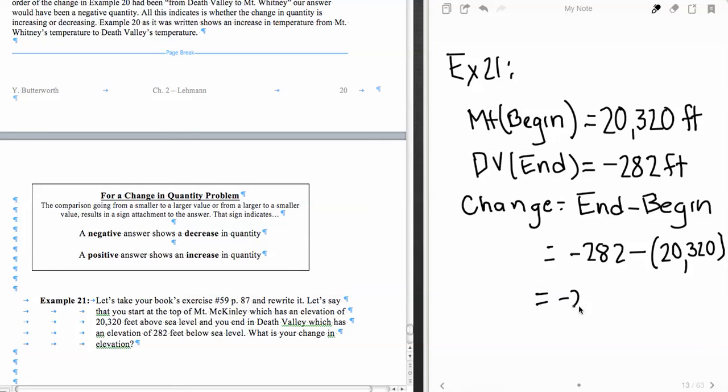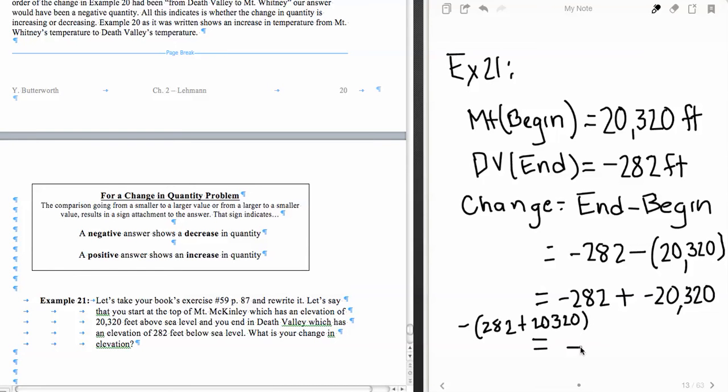We copy the negative 282, and then we add the opposite of this number over here, so a negative 20,320. And then because those are like signs, we're going to be adding 282 and 20,320 together, and we're going to keep the common sign, which is negative.